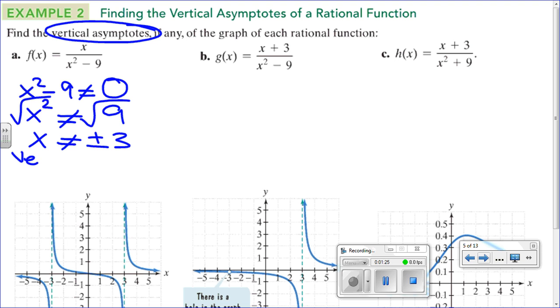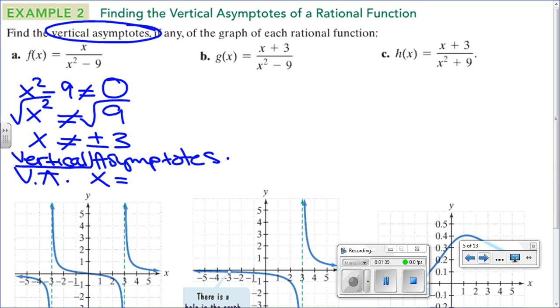But if we want to talk about vertical asymptotes, which I will be abbreviating with VA, we're going to say those are the lines. They're vertical lines, first of all. So x equals 3 and x equals -3, which were the exclusions of the domain.